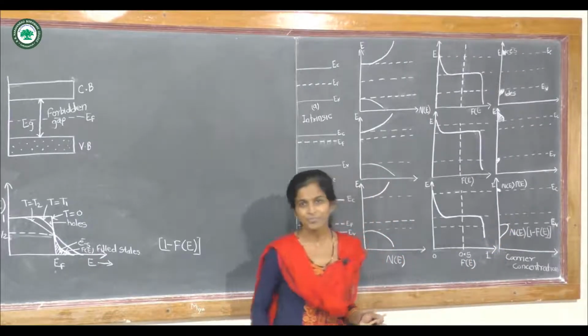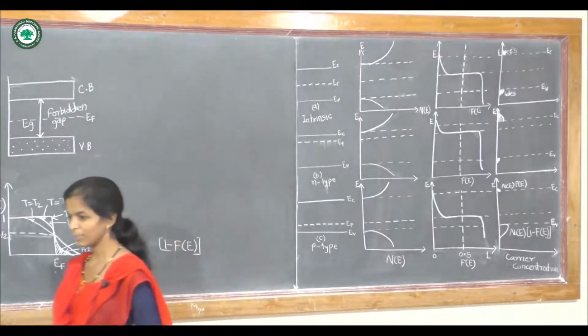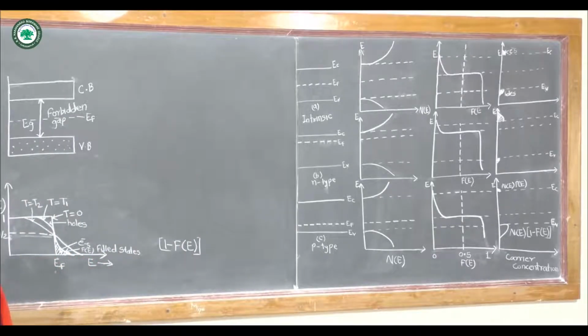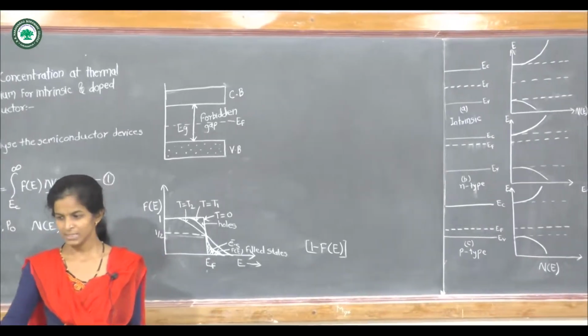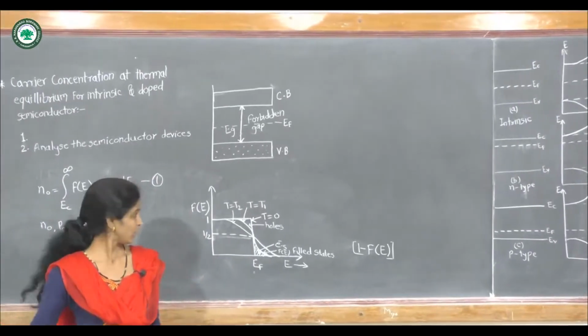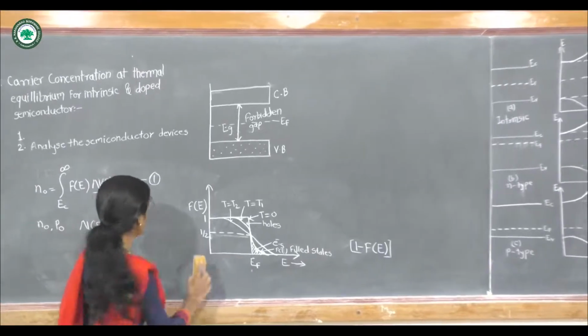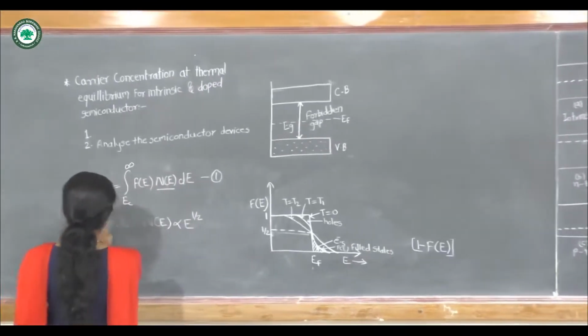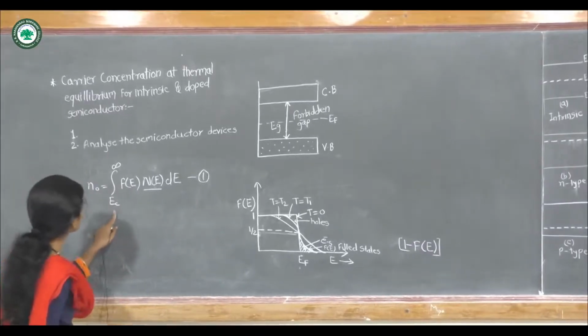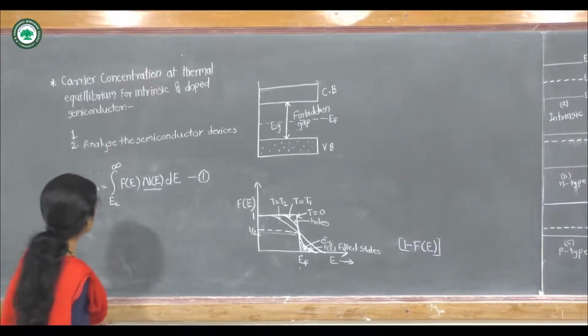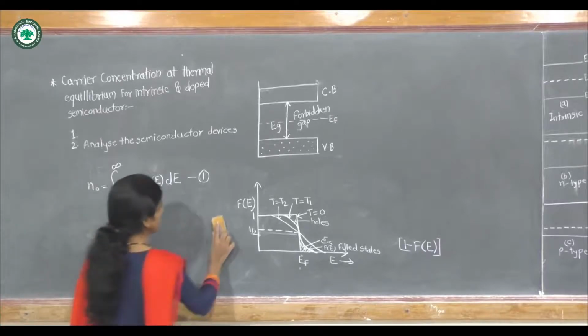So this is all about the variation of N(E), f(E) and the carrier concentration as a function of energy. As we have this equation number 1, which is n naught, the electron concentration, given by the integration from EC to infinity of f(E) into N(E) dE.